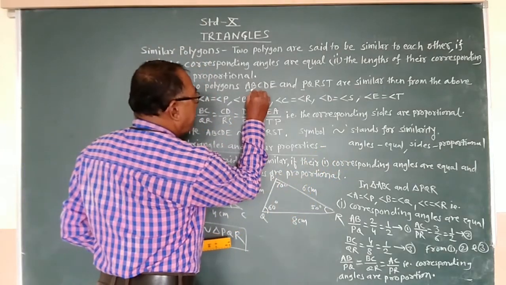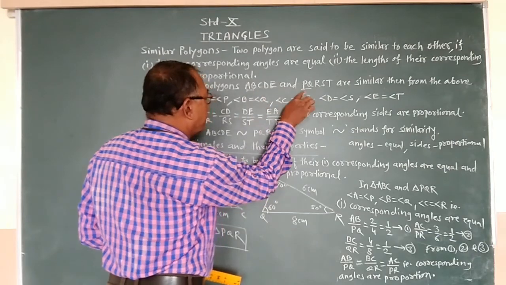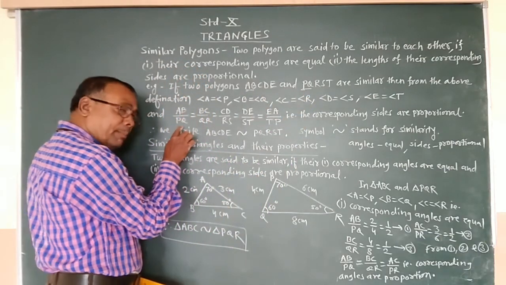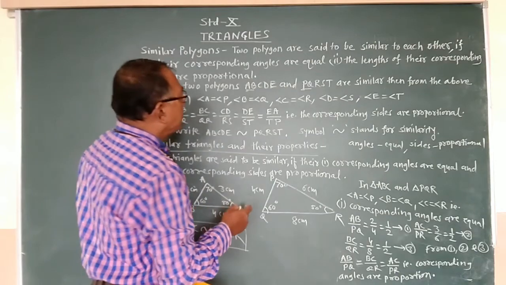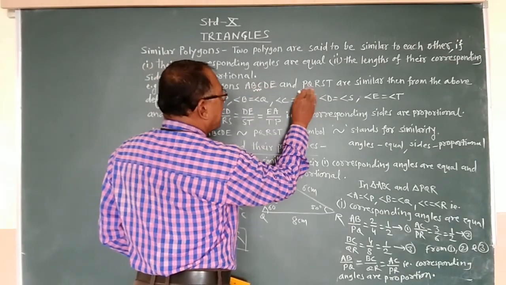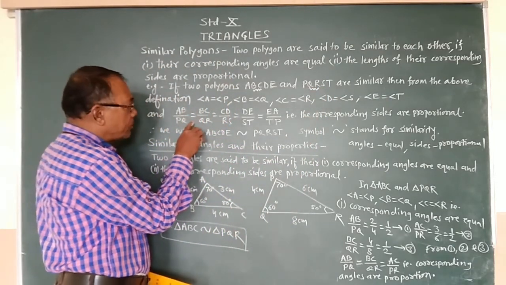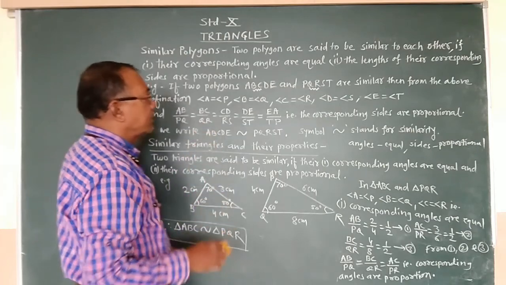Here AB and PQ are the corresponding sides. So AB upon PQ is equal to the next corresponding side, BC upon QR.